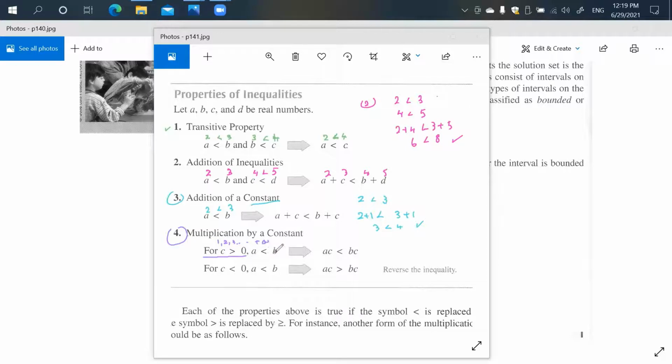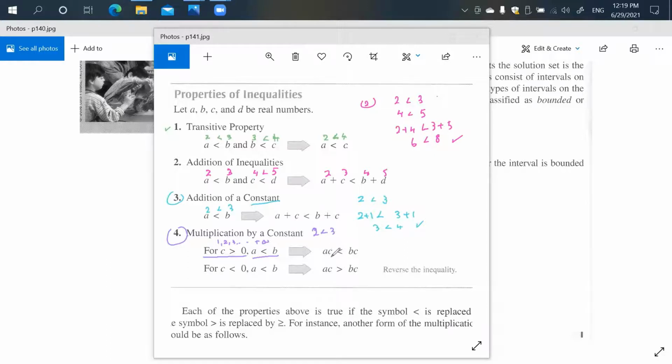And let's say A less than B, then we can have A times C less than B times C. For example, I assume A is 2, less than B which is 3.